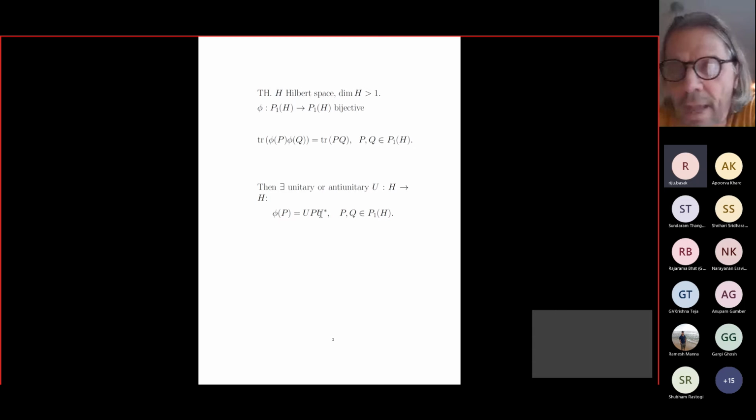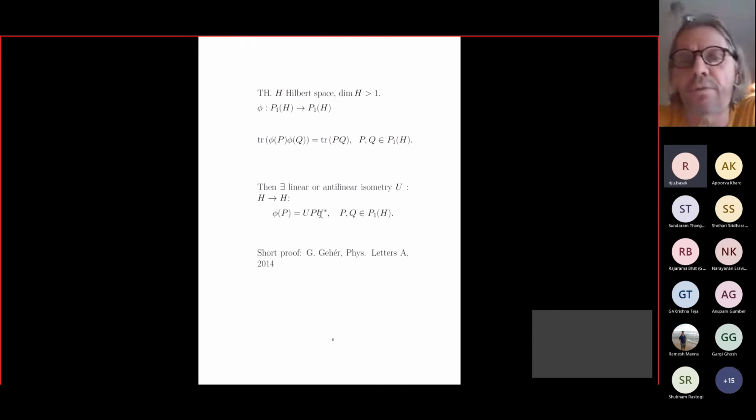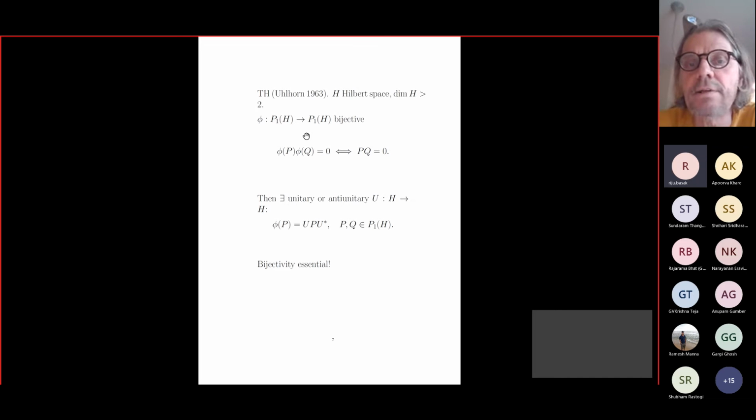but actually it's a very easy theorem from a mathematical point of view. Here we have not Wigner's theorem, we have a stronger theorem, Ulhorn's theorem. So we have a bijective map on projections of rank 1, on one-dimensional subspaces, a bijective map on the projective space over Hilbert space.